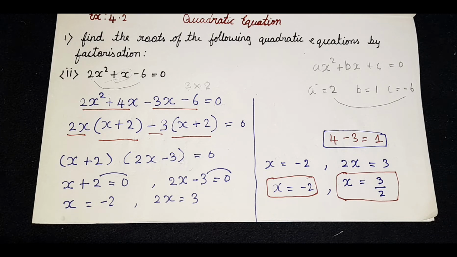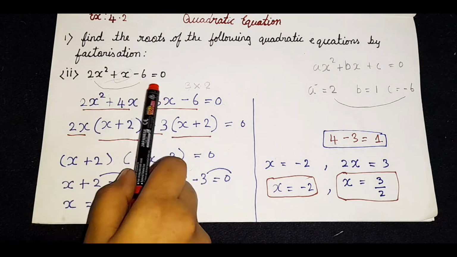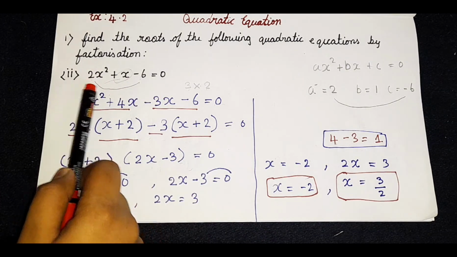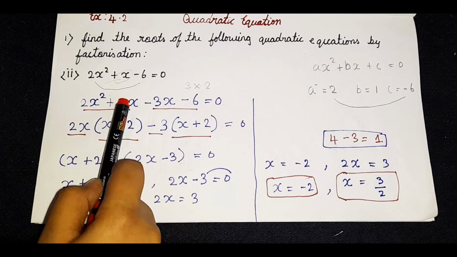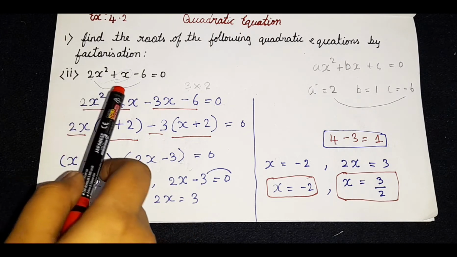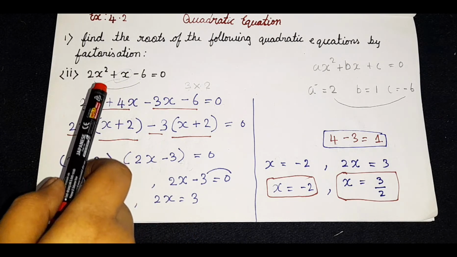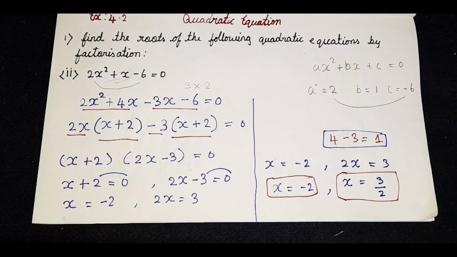I explained that method in the first subdivision: if we multiply the first one and the last one, we get a number, and we find the factors of that number, and so on. I explained it in detail there. If you want to watch that video, you can watch it.